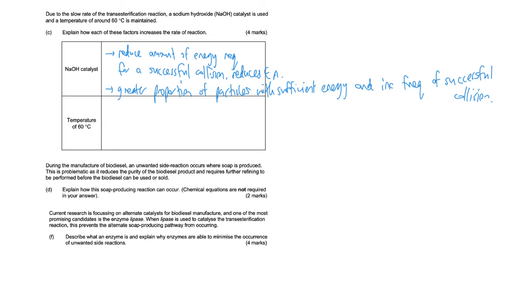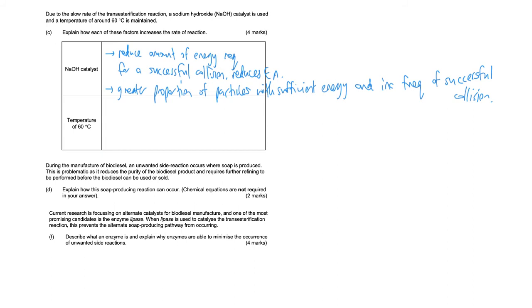That means that there is a greater proportion of particles, and this is all of the collision theory stuff that you need to be able to explain. Greater proportion of particles with sufficient energy and increases frequency of successful collisions. Okay, so that would be that one. You'd have to write most of that to get the mark.